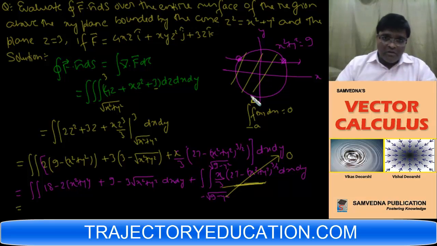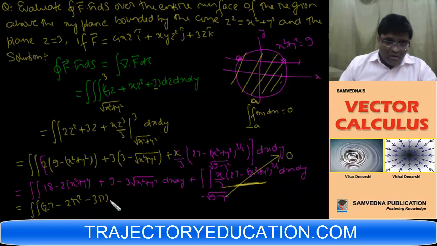We'll convert it to polar coordinates since we have to evaluate it over this disk, which will come 18 and 9 is 27, minus 2r, minus 3r, r dr d theta.